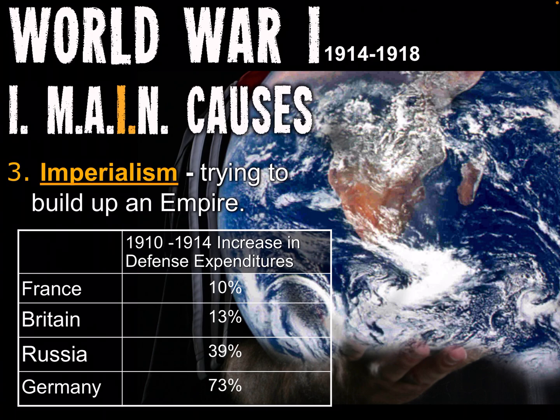So even though the war technically was in Europe, the whole world was at war, because the different colonies in Africa and Asia were fighting each other, because France had this colony and England had that colony and Germany had this colony and Russia had that colony, and they would fight up against each other.